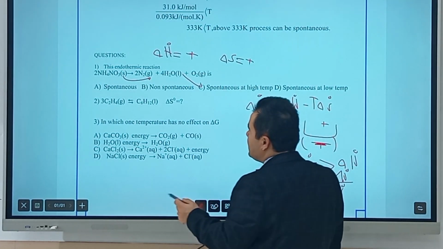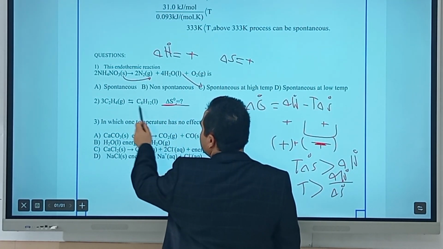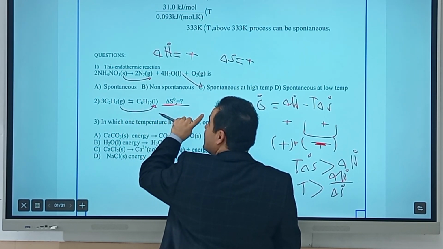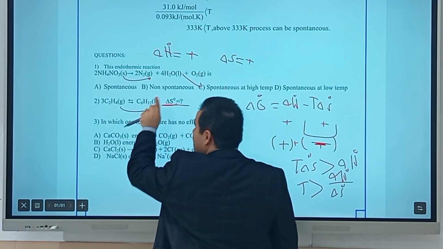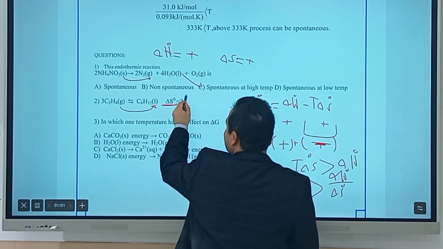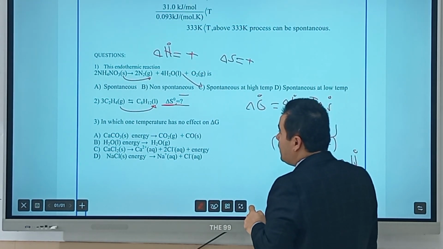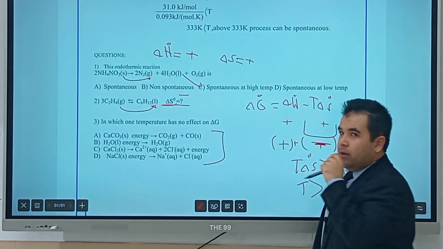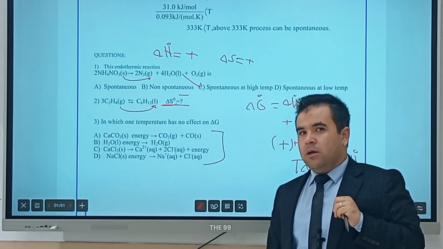The other question, guys, the sign of delta S is required. Gas goes to liquid, so it is the reverse process of the liquid going to gas. It has a negative entropy. In which one does temperature have no effect on delta G? Guys, whenever the signs are equal, temperature has an effect.